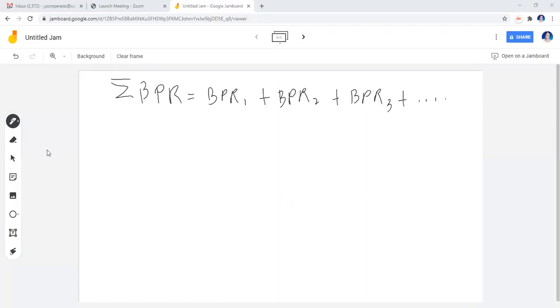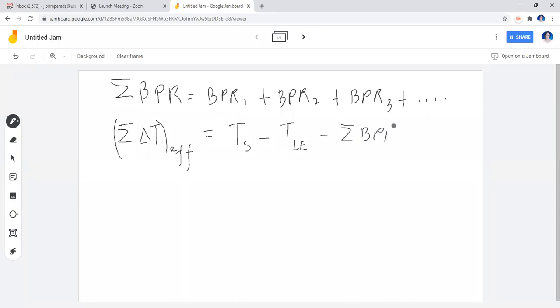It's important because you need to determine what we call the delta T effective, or the effective delta T. The effective delta T will no longer only depend on the difference of the steam temperature and the temperature of, let's say, the last effect, but you also need to subtract from this the summation of the BPR that you have here.